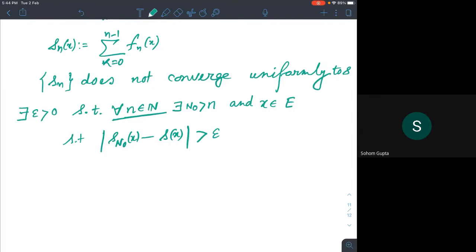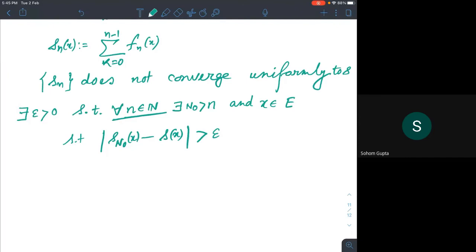What is the negation of pointwise convergence? I mean, that is what I think is the negation of pointwise convergence.